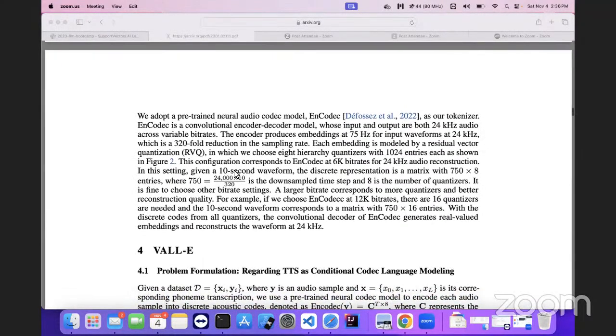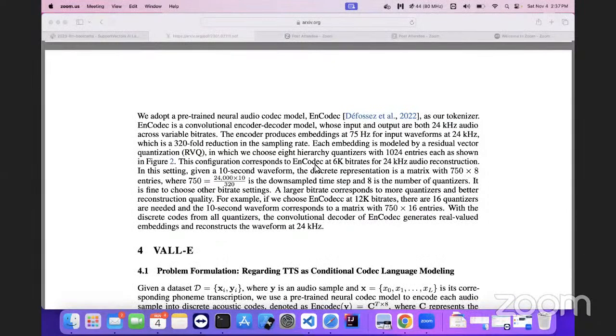So basically, to give you an example, if you take a 10-second audio waveform at 24 kilohertz sampling, that will be represented by a matrix. That matrix will have 750 rows, and each row will have 8 columns. Why 750 rows?